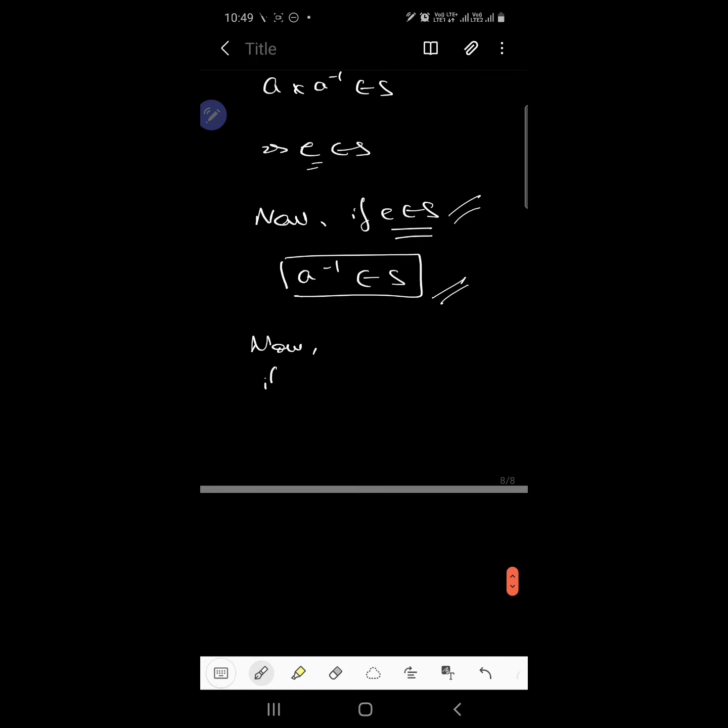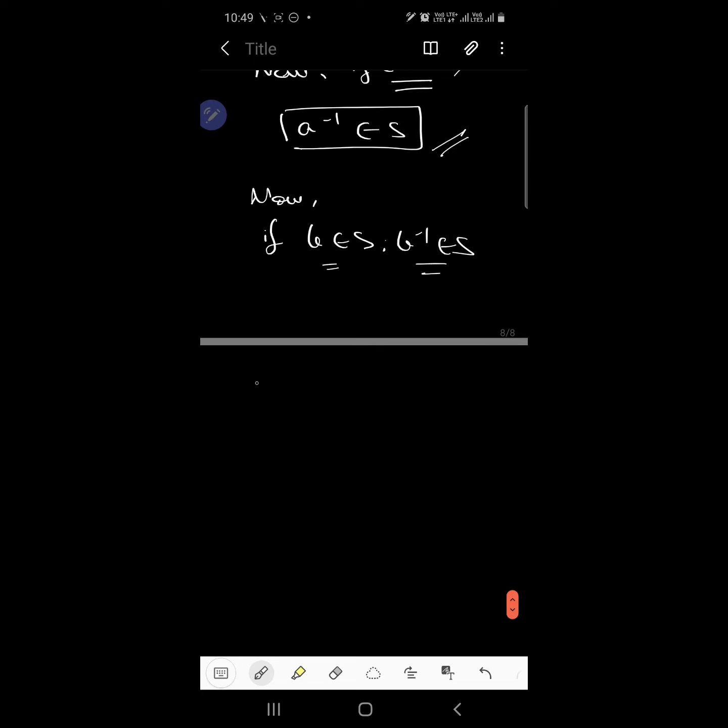See, if B belongs to S, B inverse belongs to S, right? We have proved it in the previous theorem.